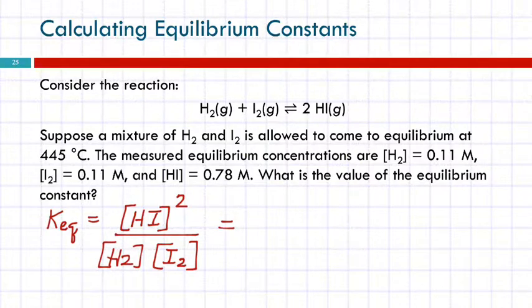So HI has a concentration of 0.78 molar squared. You can write the capital M in there if you want to, but we're going to drop it at the end anyway.